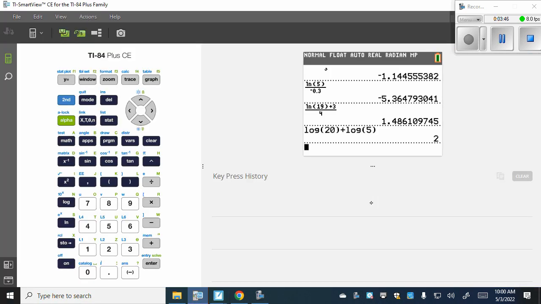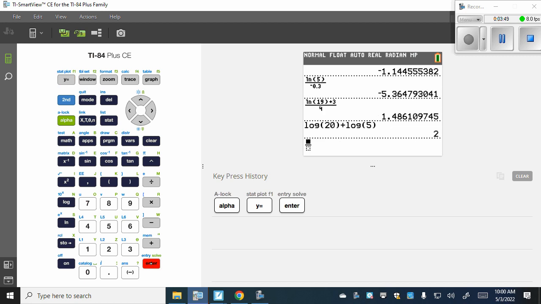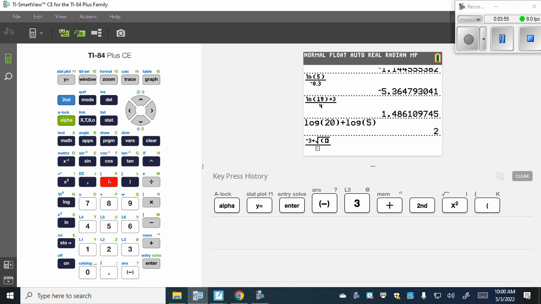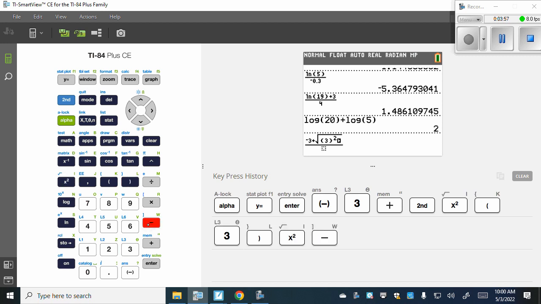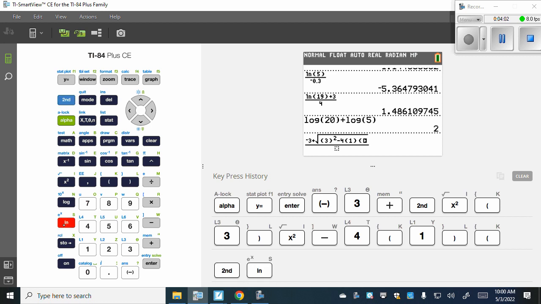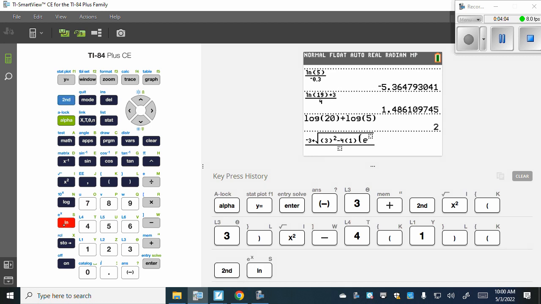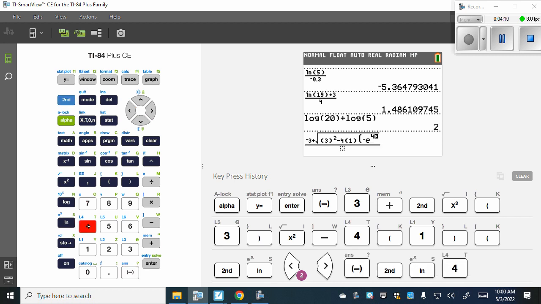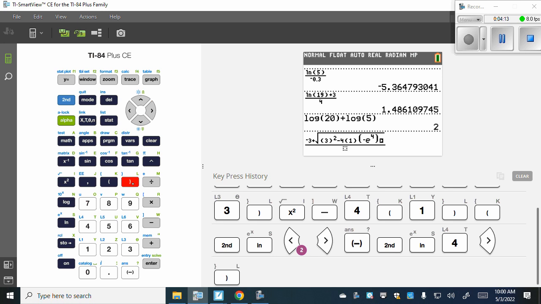So what we can do here is say alpha y equals enter. So negative 3 plus second square root 3 squared minus 4 times 1 times second e negative second e to the 4th, close parentheses, all over 2, or 2 times 1.